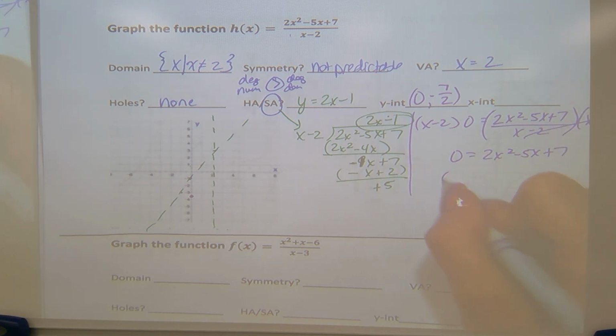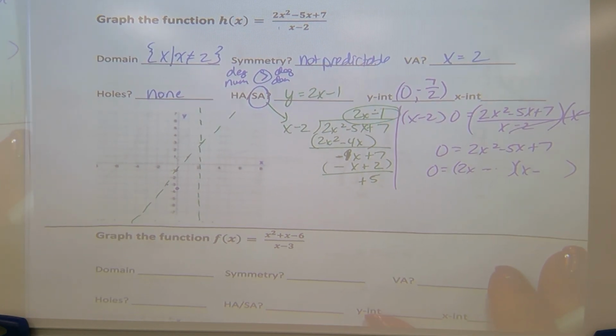I spoke too soon earlier. If I do 2x and x, oh no, it's not. Because those both need to be minus. I can't do a 7 and get a 5. That's not factorable. So I'm going to have some x-intercepts possibly. I would need to plug that into my quadratic formula to see if they are irrational or imaginary.